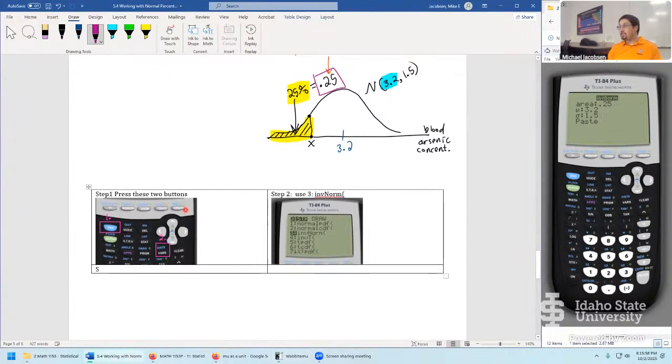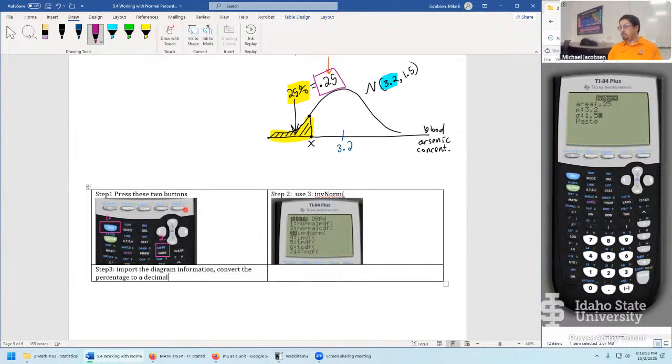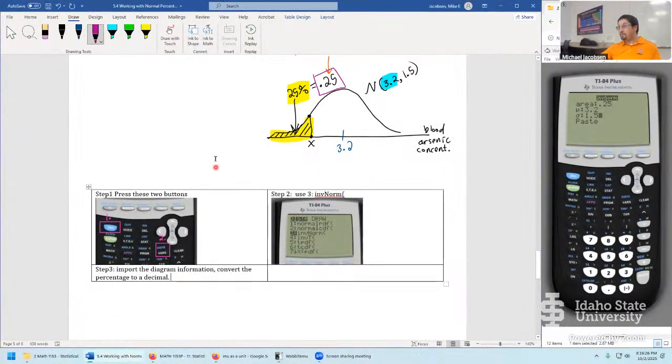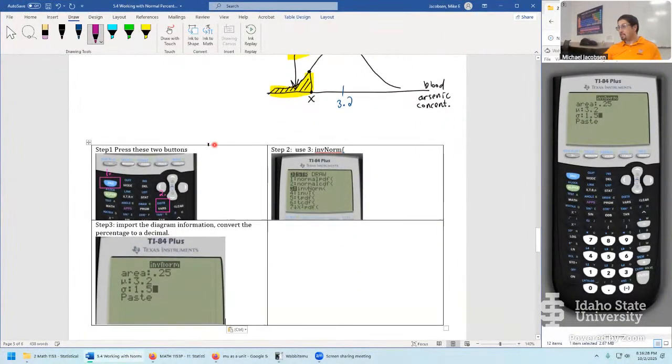So let's convey our step 3 by saying import the diagram information, convert the percentage to a decimal. So whatever we have here, just move it 2 spots to the left and you'll have the right decimal number. So it should look like this right at this step before you do the main step of hitting enter a bunch of times.